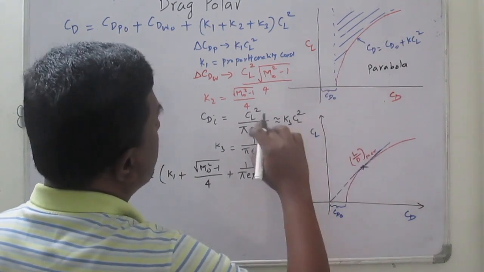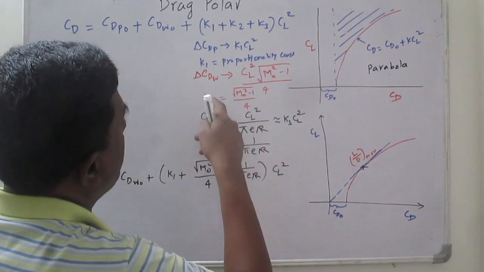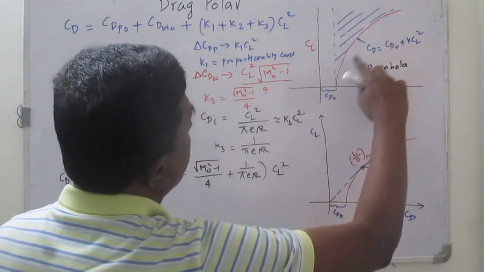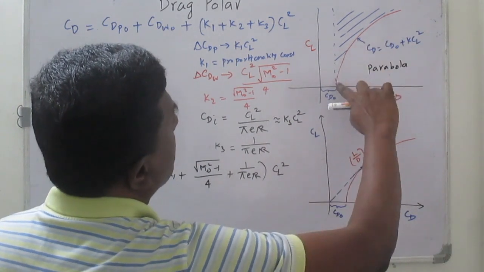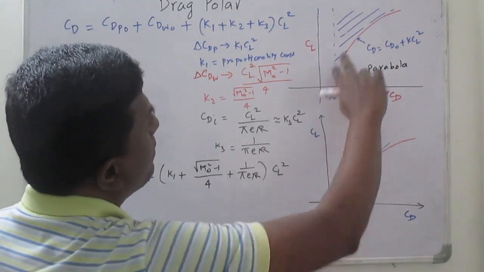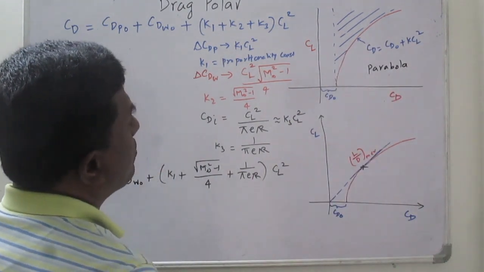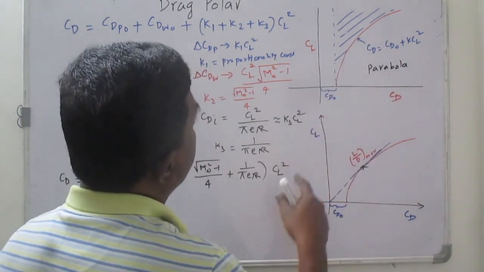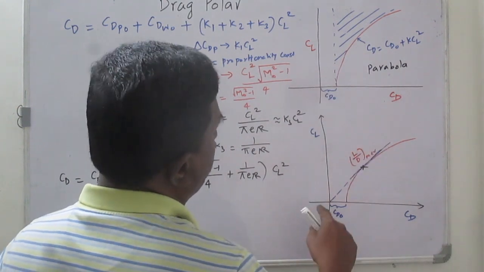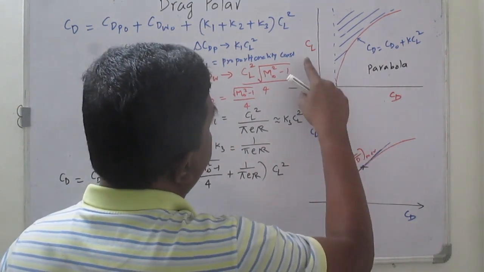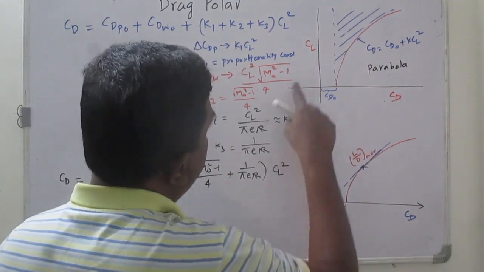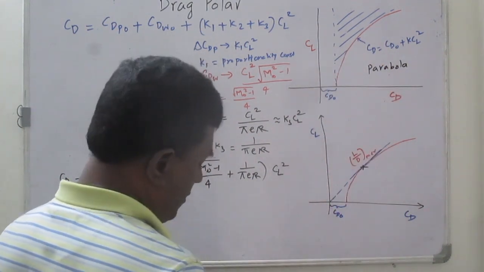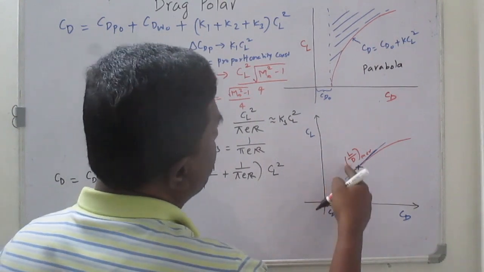Because of the compressibility effect, mainly, the nature of the curve is distorted. So it won't be a pure parabola. In that case, how do we find the CL versus CD? Especially by using this curve, we find one important parameter, that is L by D max.